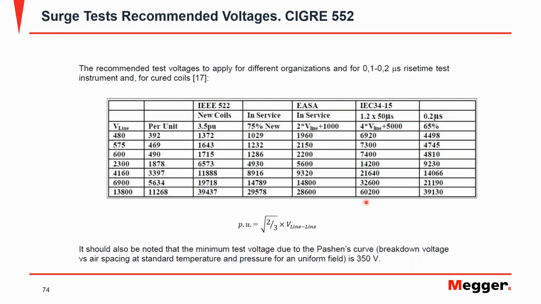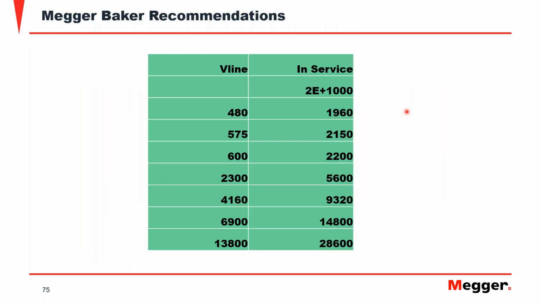But the IEC recommends voltages much higher, which I guess is an answer to the question, do these tests damage the motor? Well, the way we do it here in North America, they don't. They allow us to find problems. What I'm trying to say is that not even the way they do it in the IEC, where they recommend much higher voltages, damages the motor.